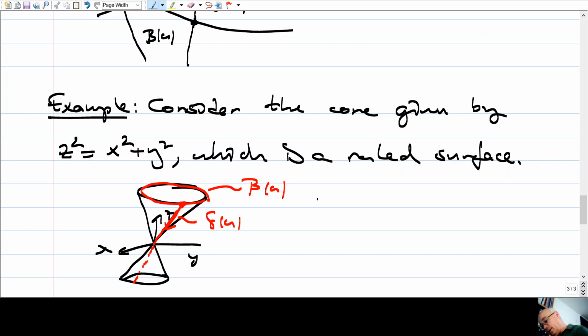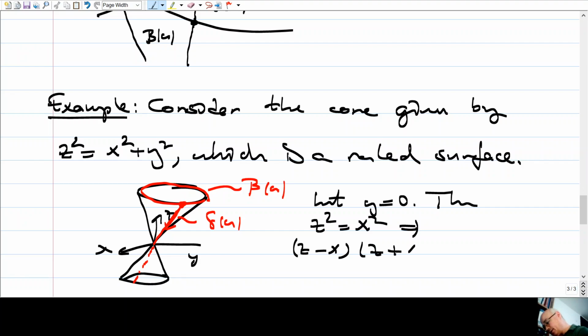Let y equals 0, then we get z squared is equal to x squared, and this can be written like this: (z minus x)(z plus x).